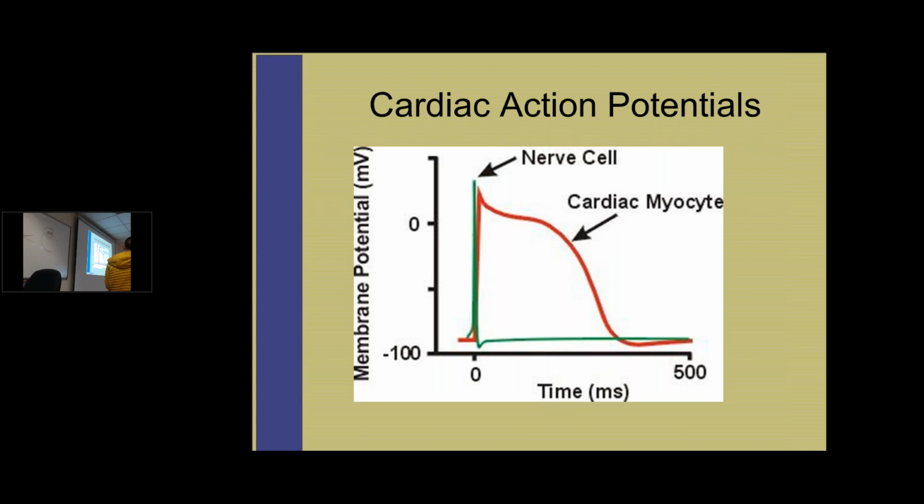But as soon as that action potential happens, it causes channels to open up, and it has to get to a certain threshold, and then boom, you get depolarization where calcium is at a threshold and the muscle can contract. Then as soon as it gets to about this part, that muscle starts to relax. And you start to lose calcium in the cell. And then it happens again until you get to your next action potential. And then it opens up those calcium channels. And as soon as those calcium channels get to a certain level, you get depolarization again.